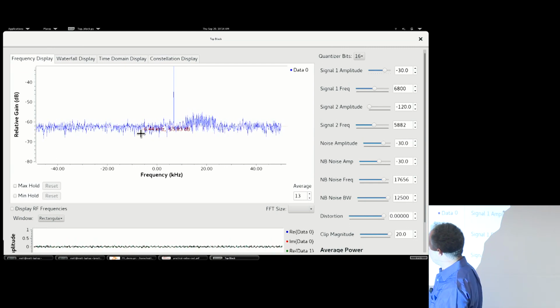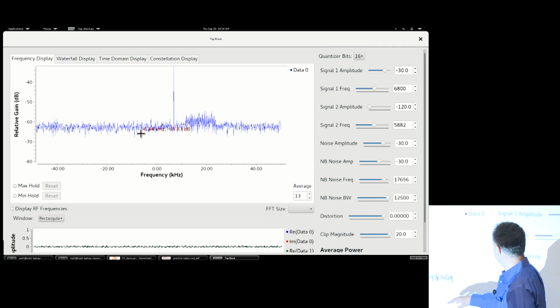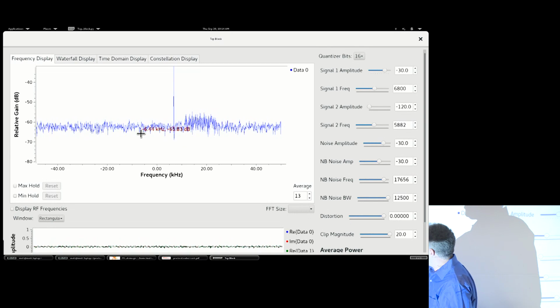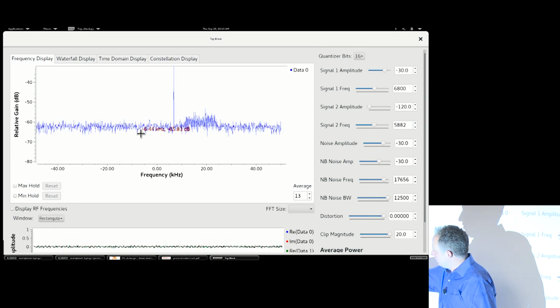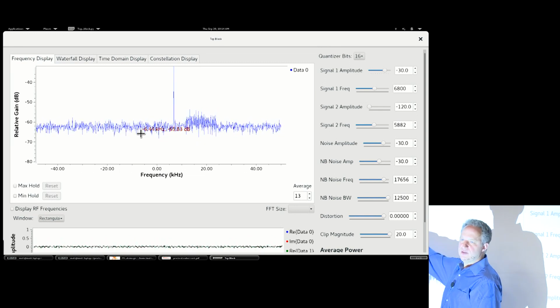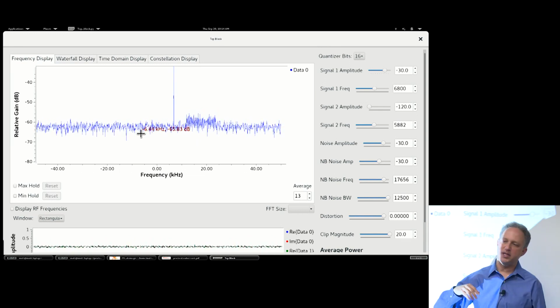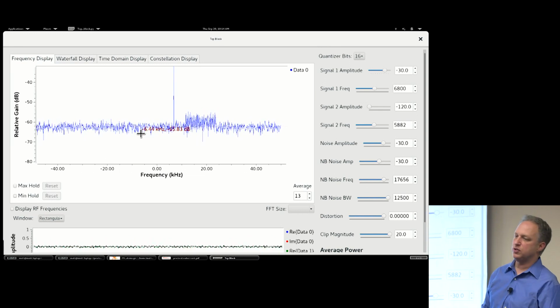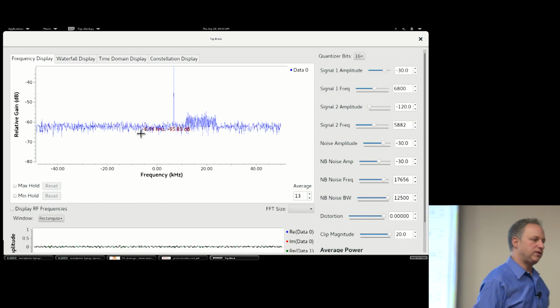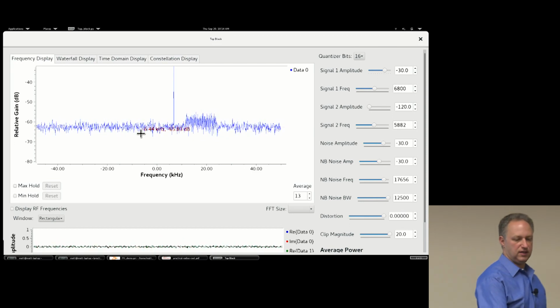The reason is this noise power is spread among many bins. In this case, it's 1,000 bins. So the actual noise power is whatever this average is. Let's say it looks like it's -62 here. It's 30 dB beyond that because 1,000 bins is 30 dB. So you have 1,000 bins worth of energy, and that's actually equal to the 30 of the signal there.